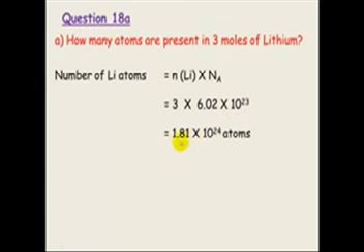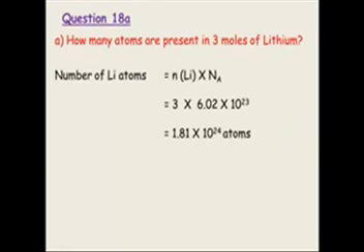So it'll equal 1.81 by 10 to the 24th atoms. If you're talking in atoms or molecules, this is always going to be a big number with 10 to the 23rd or 10 to the 24th after it. Okay, it's going to be a massive number, and this is why we use moles.